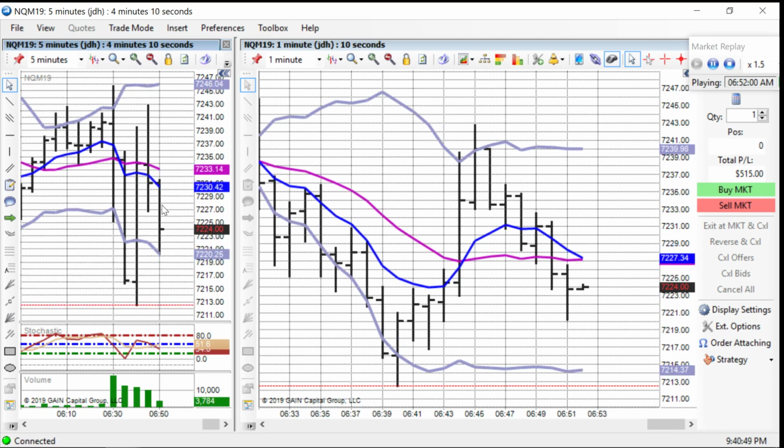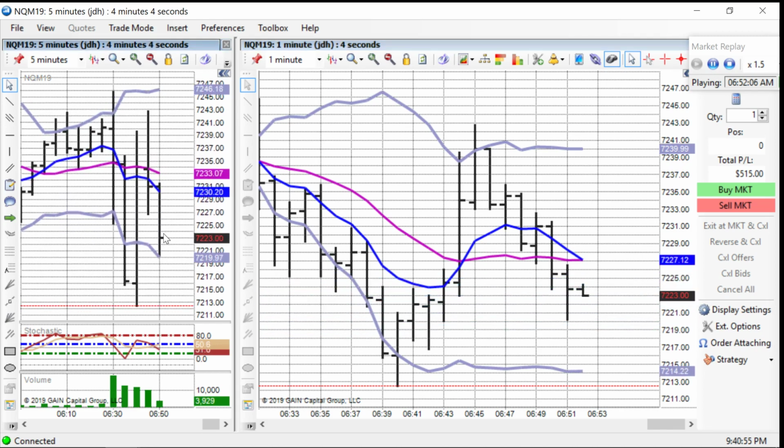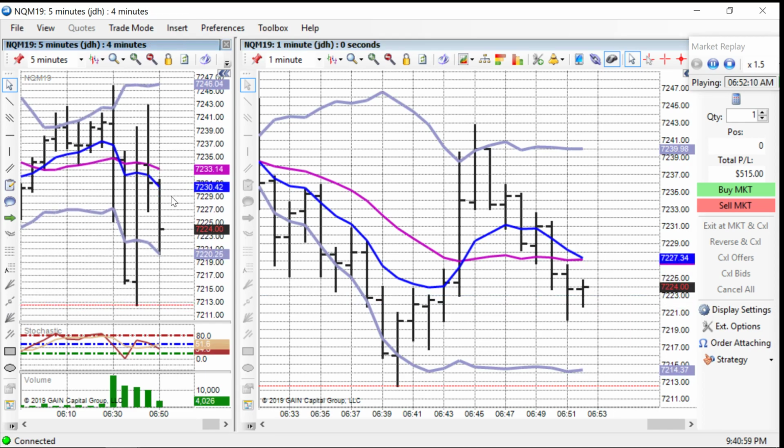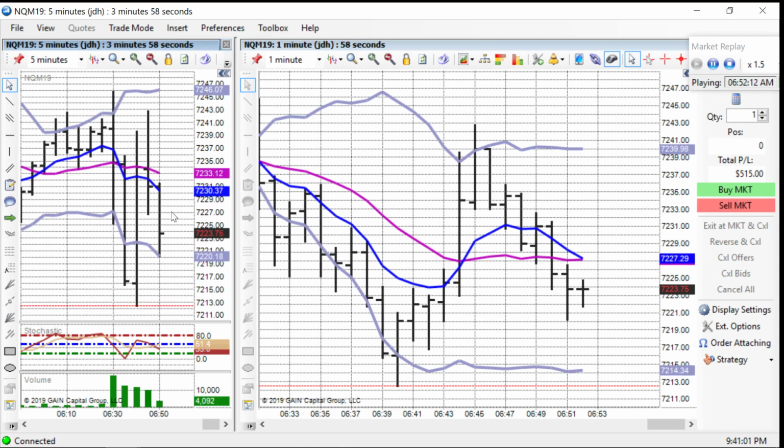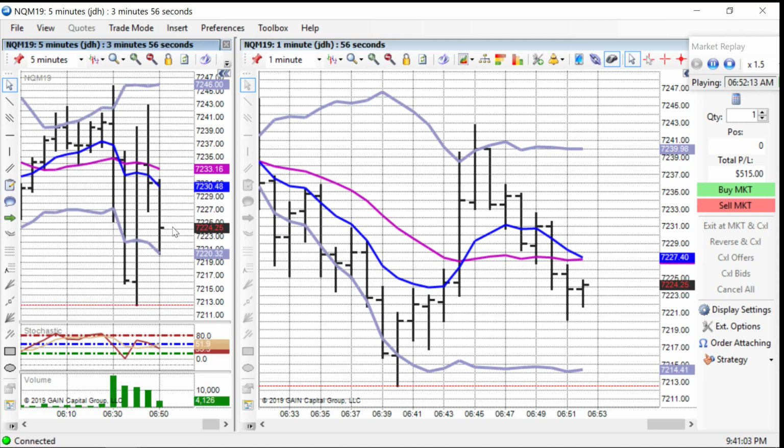So that tells me not to take the short trades on the 1-minute chart either. If I'm going to go short, I need to see movement back through the previous close after it tags the 8 EMA line on the 5-minute chart, which if you were to project it, we're getting close to that area right here.